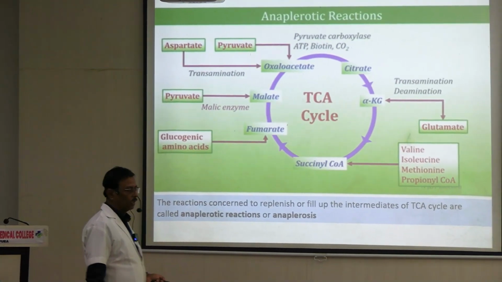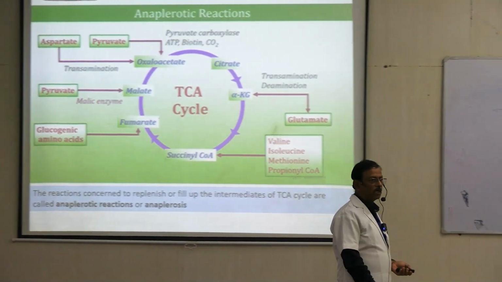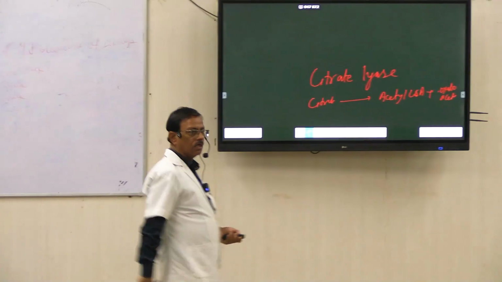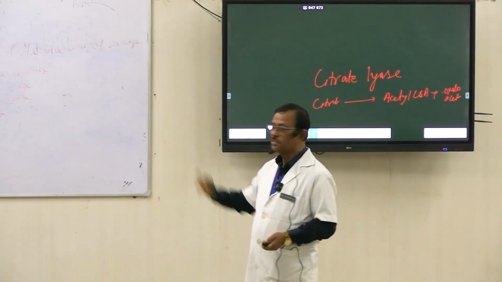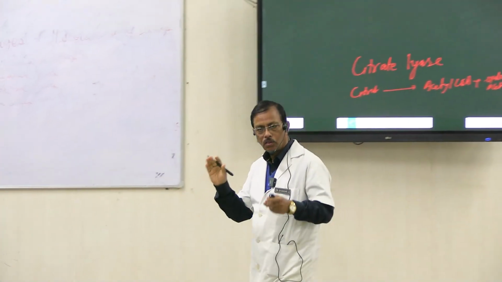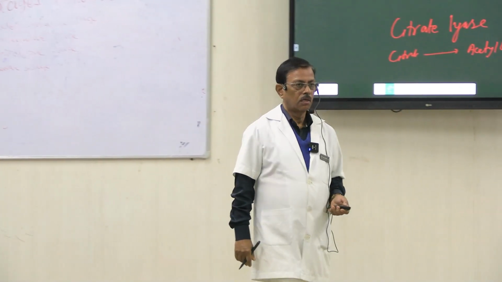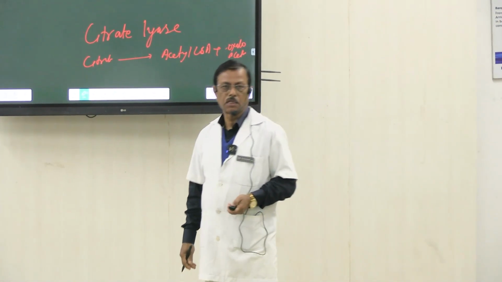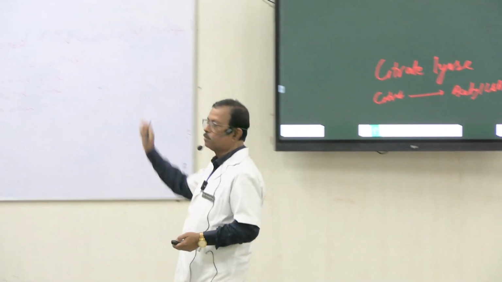Anaplerotic reaction. You have seen that 60 to 70% of ATP in the body is generated from the TCA cycle. So if any component of the TCA cycle is withdrawn or depleted, the TCA cycle will be hampered and there will be disturbance in ATP generation.